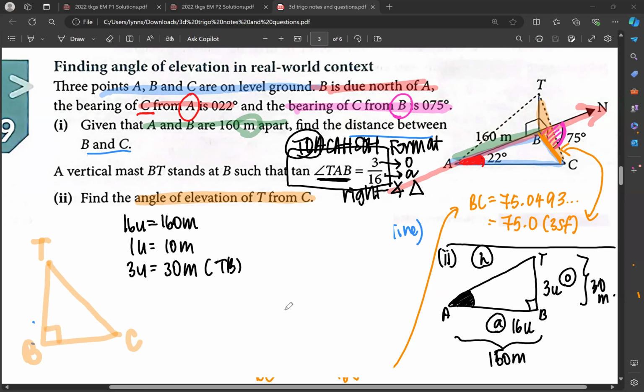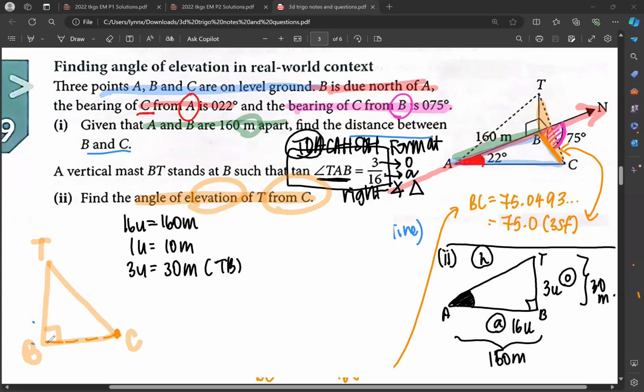So now, angle of elevation of T from C. What does that mean? What's the angle of elevation that we just went through? They already say from C. Eye level at where? Eye level at C. So this is C, my eye level is here.